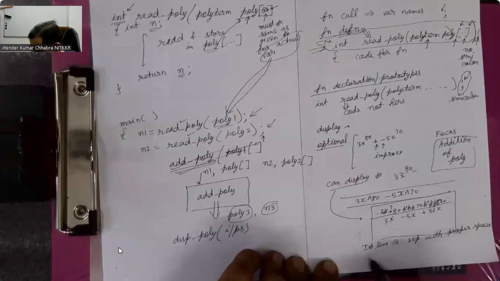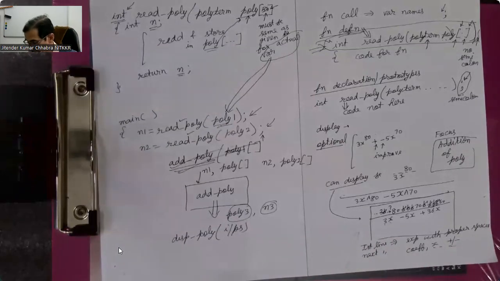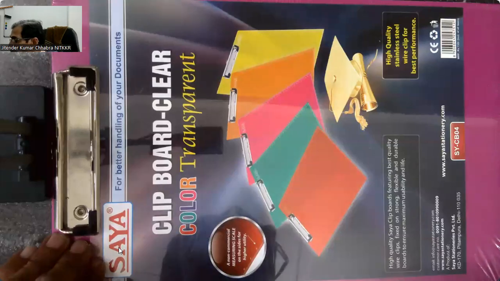And the next line will print your coefficients, x and plus minus. All this consecutively for the various terms available. And the same display can be used to have the first polynomial, second polynomial or third polynomial displayed correspondingly.